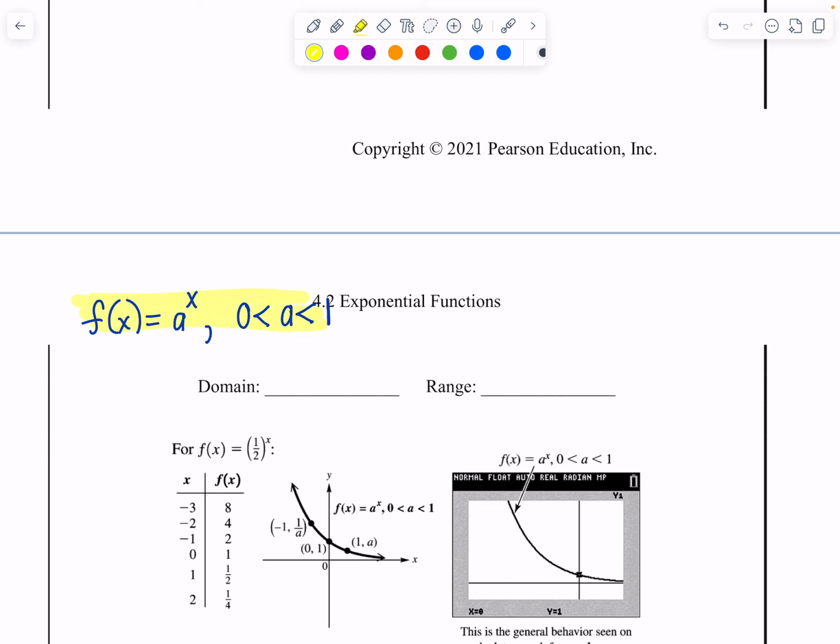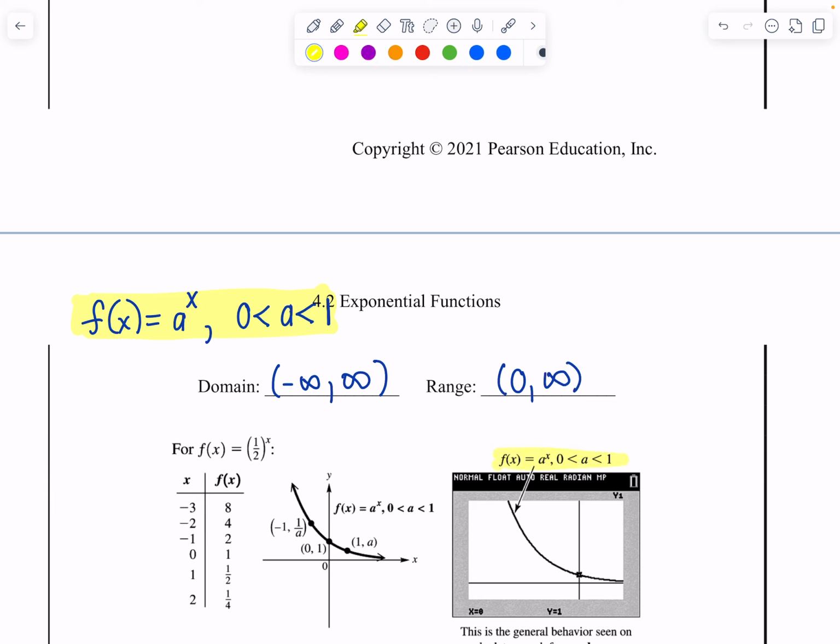It's still an exponential function, but we have a small number for our base. It's positive, but it's small, okay? And look what we have. Our domain is still the same, negative infinity to positive infinity. Our range is still going to be the same thing, 0 to infinity. Now look at this graph, you all.